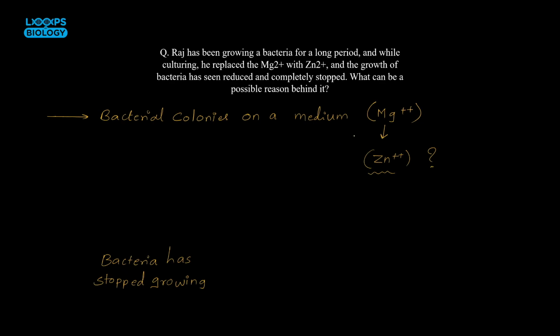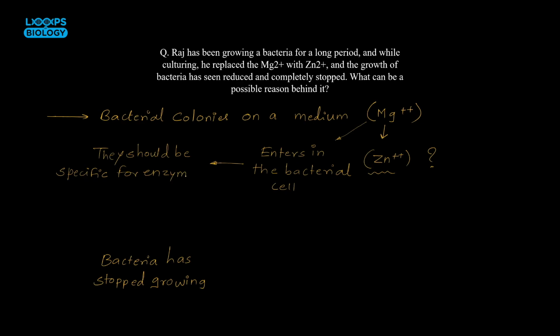Whenever the bacteria is grown in the medium containing Mg2+, that means this ion enters inside the bacterial cell, and they should be specific for enzymes regulating growth.